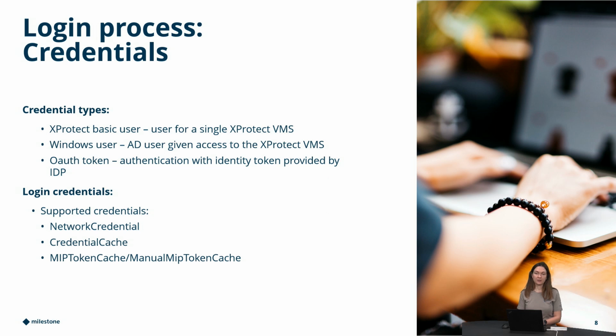It's either MIP token cache for internal IDP, or a manual MIP token cache for third-party providers. The difference between those two token cache credentials is that the MIP token cache handles the refresh automatically, whereas with the manual MIP token cache, you have to handle it yourself.